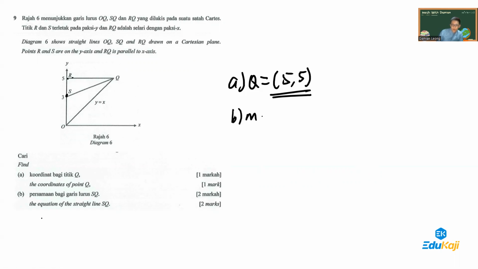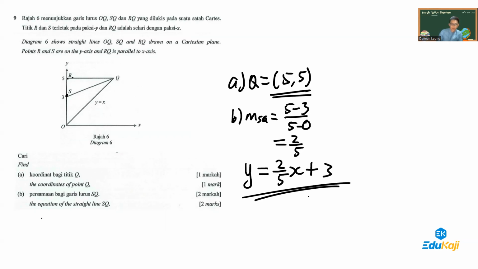First we find the gradient of SQ, y2 minus y1 over x2 minus x1, so it's 2 over 5. The equation is y equals mx plus c. M is 2 over 5, c is the y-intercept, which is 3. So y equals 2 over 5 x plus 3. Just as simple as that.